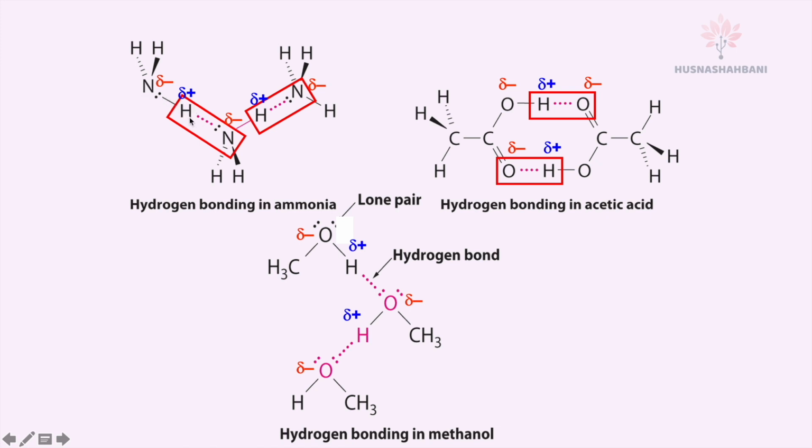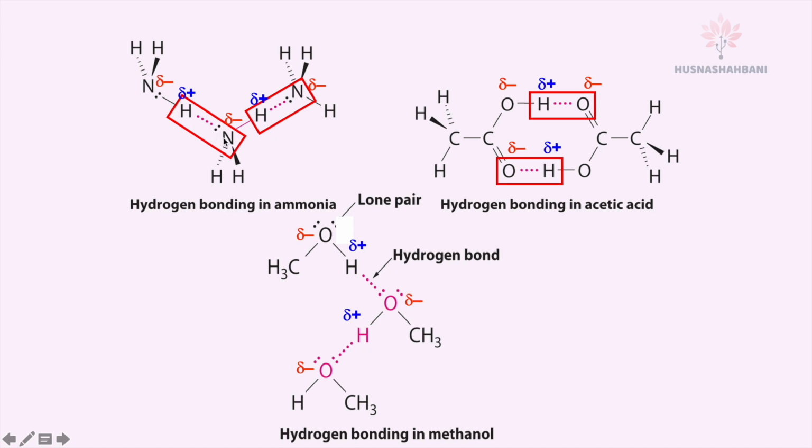This H and N is not hydrogen bond. The hydrogen bond must be for a different molecule. This hydrogen has hydrogen bond with nitrogen of a different molecule. The first condition is the hydrogen needs to be bonded with nitrogen, oxygen or fluorine.